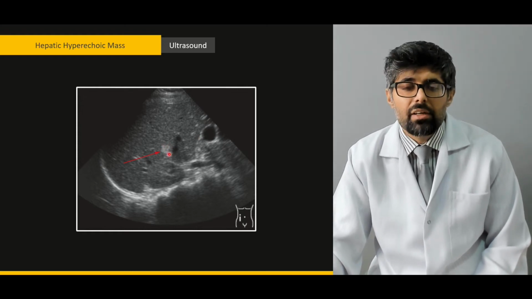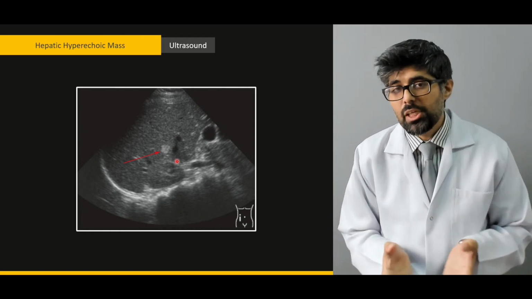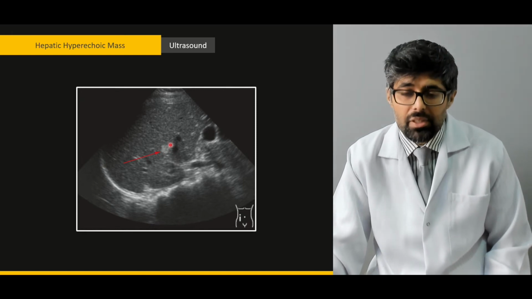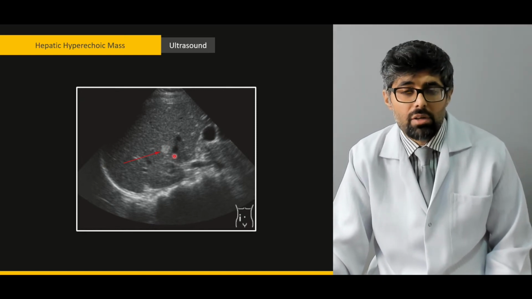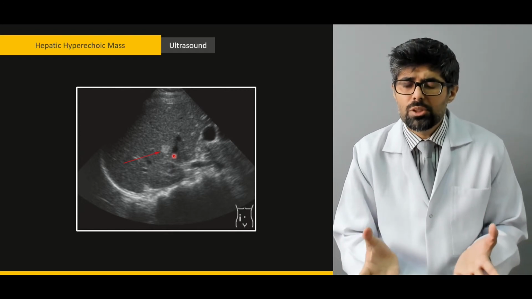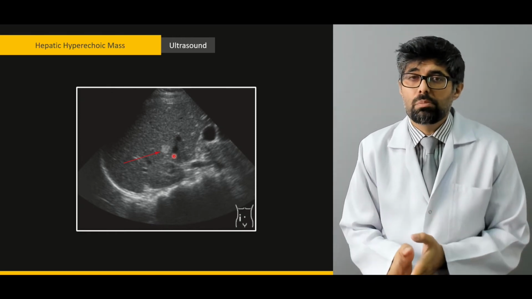But this little area is hyperechoic, and it must be investigated further. But usually these small limited hyperechoic areas are hepatic hemangiomas, which is a benign condition, but further studies must be done.